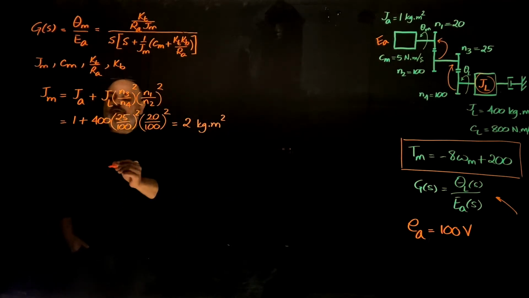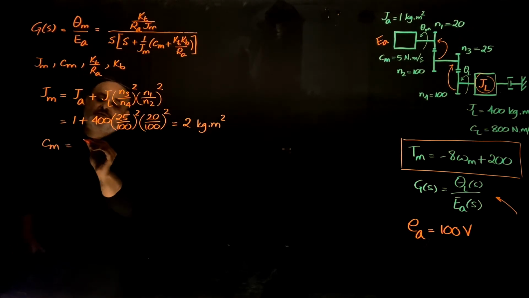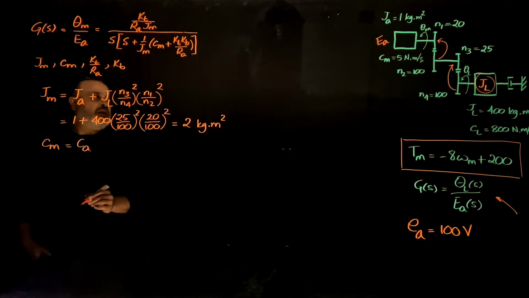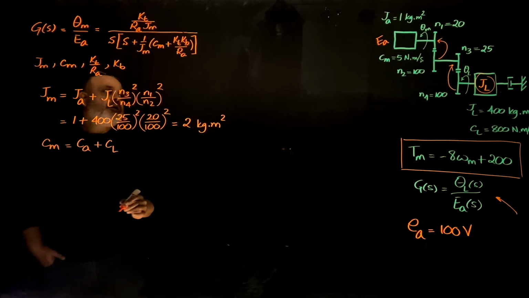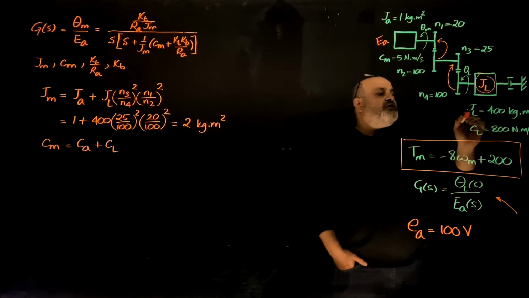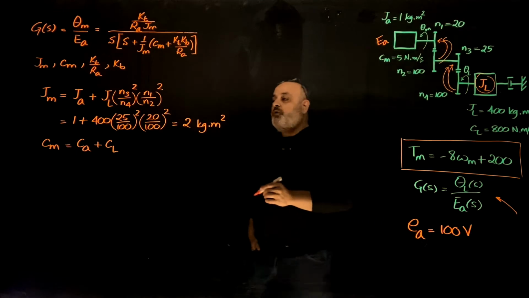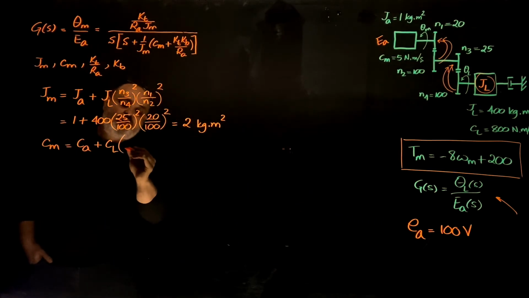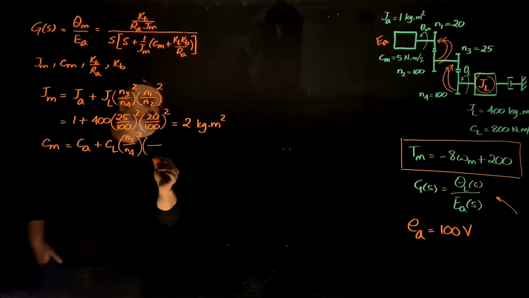And then again, I'm going to do the same for the damping at the motor axis. It's going to be C A, damping of the armature, plus C load. And again, the same transformation from N4 to N3, and then from N2 to N1. So from 4 to 3 and from 2 to 1.